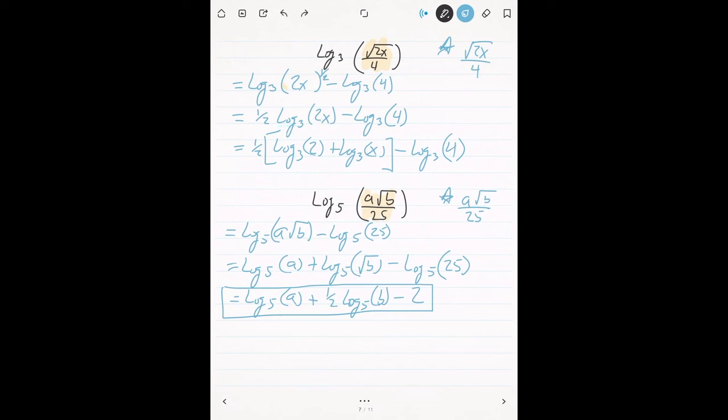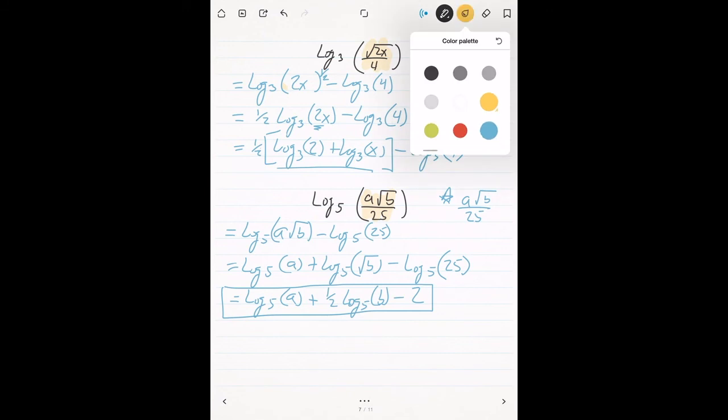Once it's out front, I then say to myself, okay, now I can work with the 2x. Now I can split it up into the log 2 and the log x. But I want to point out here, notice that I am using parentheses. Part of that is because I have a half times all of this.